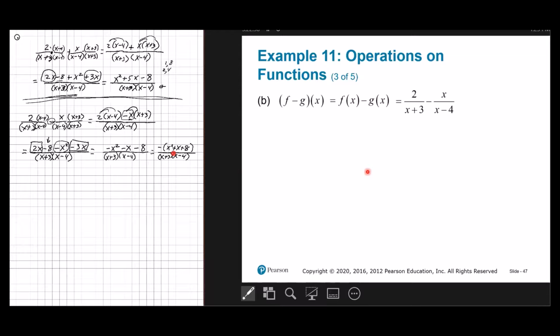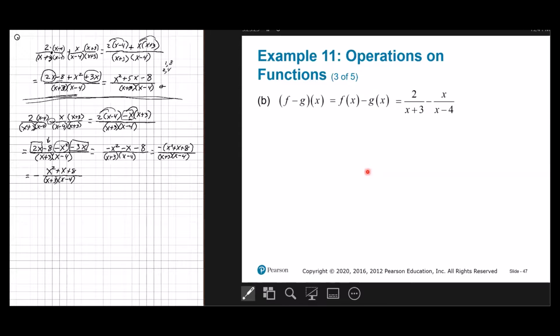All right. Now this negative sign gets pulled out in front of the fraction because we like our fractions to be negative. If I have a negative numerator, then that means the fraction is negative, and I move the negative sign outside. So now I don't need the parentheses in the numerator. So now it's x squared plus x plus 8 divided by x plus 3 times the quantity x minus 4.